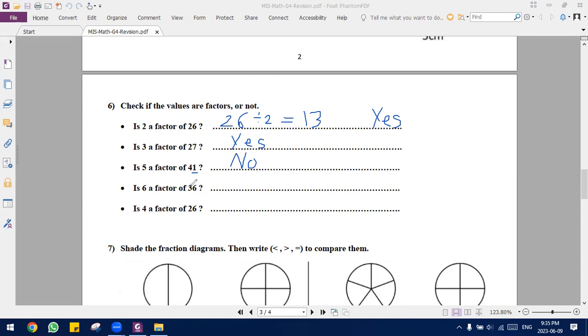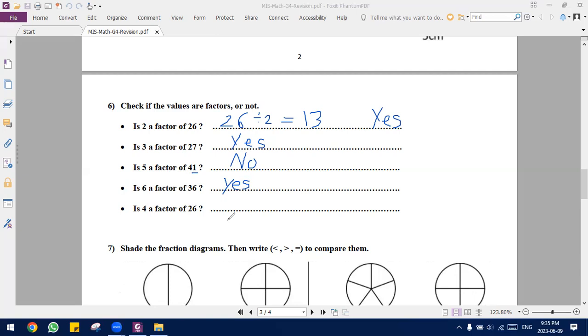Now 6 and 36. We have 6 times 6 equal 36. So yes, it's a factor. I can divide 36 by 6. Then, is 4 a factor of 26? Can I divide 26 by 4? Or check the 4 multiplication table?